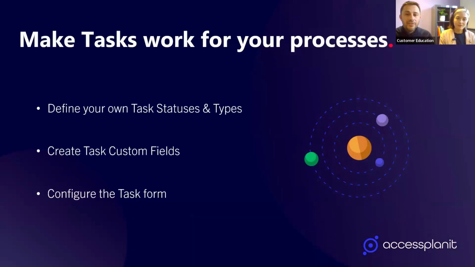We'll look at 3 ways that you can adapt the task management in your Access Planet platform to suit your processes. So first up, you can customize your task types and statuses so they match your own processes. For example, if you'd like to introduce a follow-up needed status or waiting on client, you can add them.